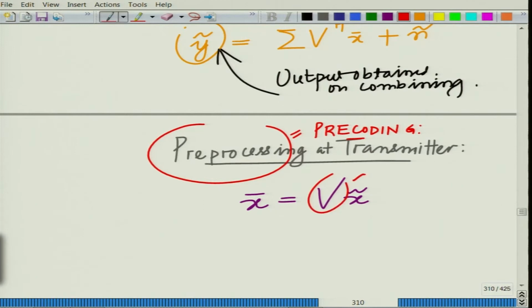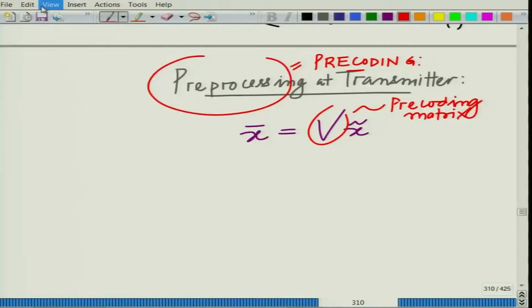And V is basically your precoding matrix. So, you have x bar, that is a vector of transmit symbols x1, x2, xt, and you have the vector of the actual modulated information symbols, that is x1 tilde, x2 tilde, xt tilde. These can be, for instance, BPSK, QPSK and so on, and we precode them, that is you multiply them by the precoding matrix V. The precoding matrix V acts on these modulated symbols to produce the transmit symbol vector x bar.